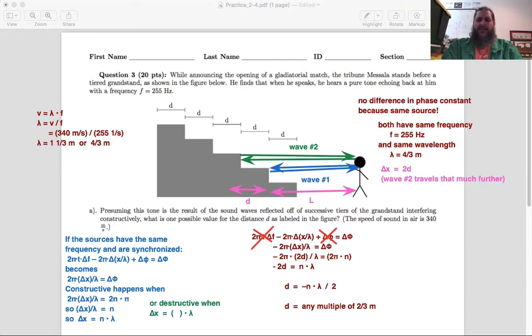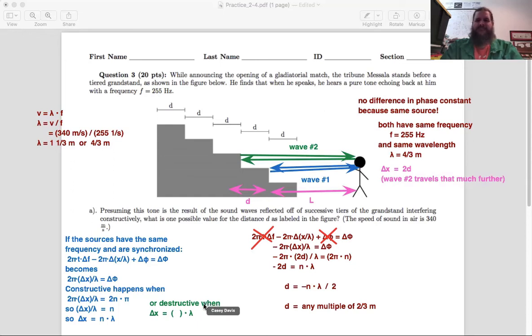Like 1/2 wavelength offset would work. What other fractions would also lead to destructive interference? Three over 2? Yeah, 3 over 2, because that's 1.5 wavelengths. One wavelength offset would make it constructive, but 1.5, that extra half makes it destructive. So 1/2 or 3/2, or what else?